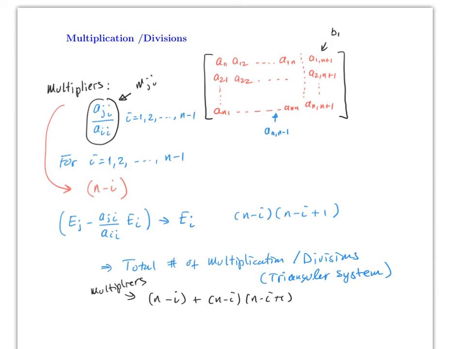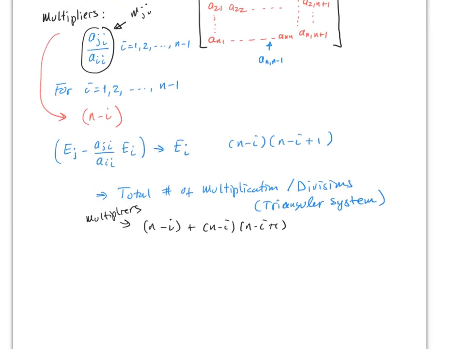And this is going to be true, as I mentioned before, for i equals 1, 2, all the way to n minus 1.